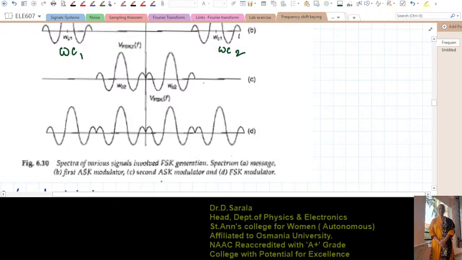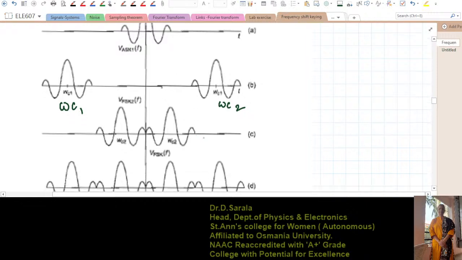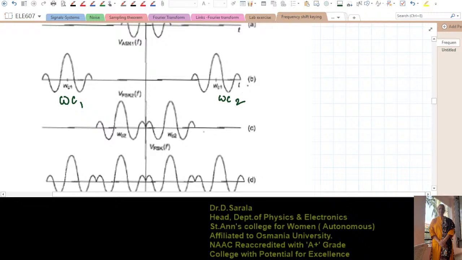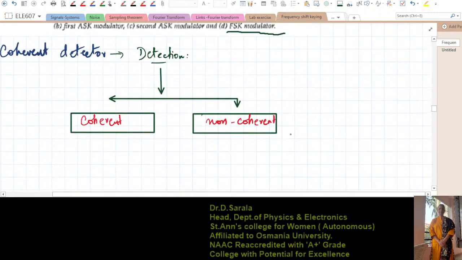Figure C gives you the original message. Figure B gives you the output of the first ASK modulator. The second one is from that of the second ASK modulator. Finally, figure D gives you the FSK modulated signal.